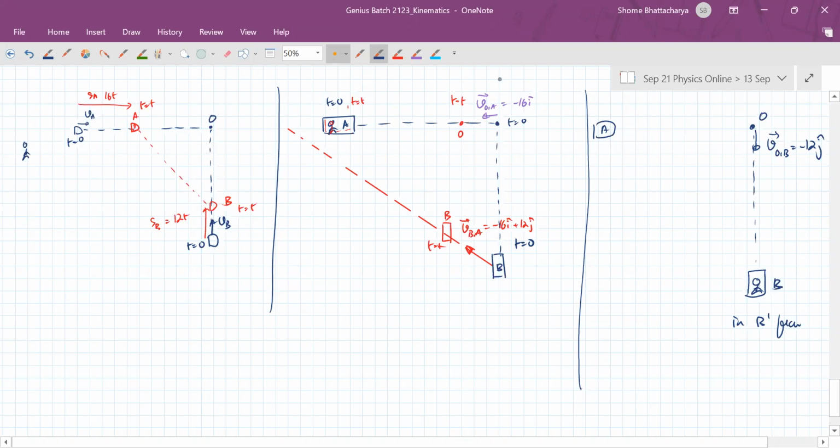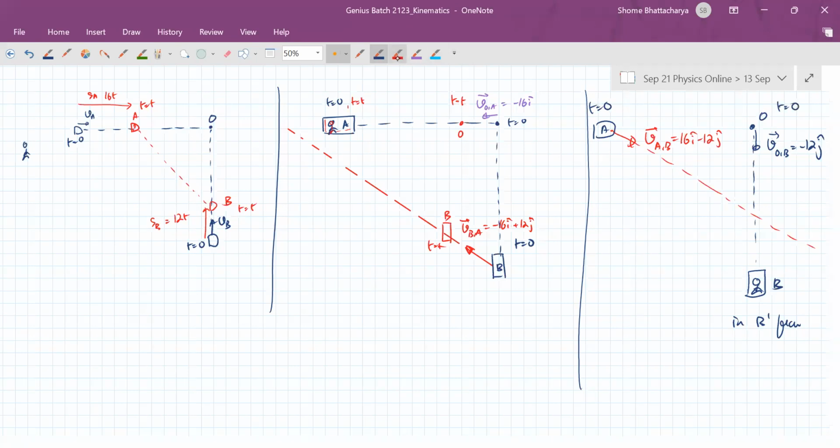So it's moving in a direction like this. So at some time t, what this observer will see is that the car A has come somewhere here.